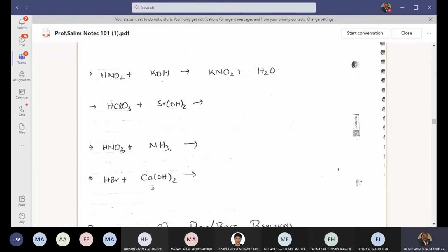Calcium hydroxide, strontium hydroxide, barium hydroxide. Now, my friend, these equations are very important, and you will be asked to write the ionic equation and net ionic equation.